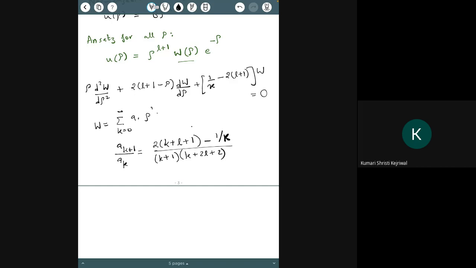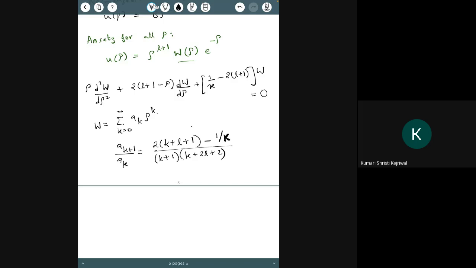Now again, we have to see what happens to this series. So here, the good part is that you have a one-step recursion because k plus 1 is related to k. So we don't have the problem of splitting things up into odd and even, and you only need one starting variable. So if you know a0, you can find out all other a's. That is the good part of this recursion.